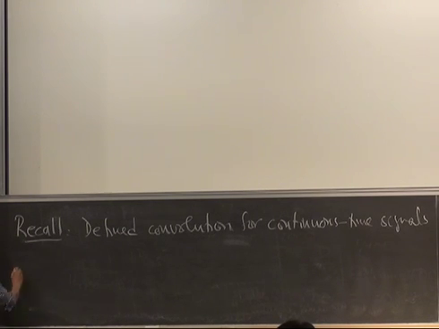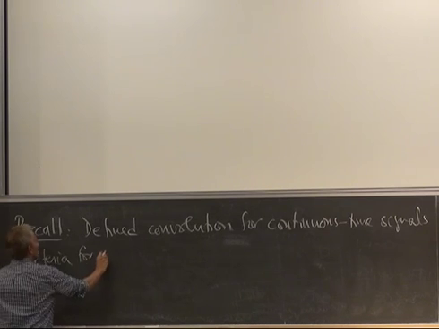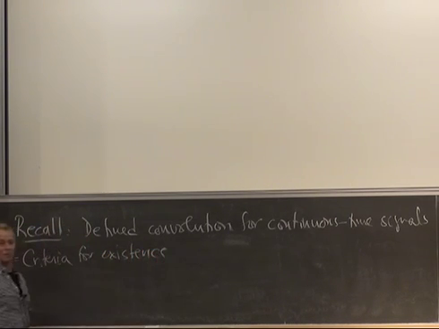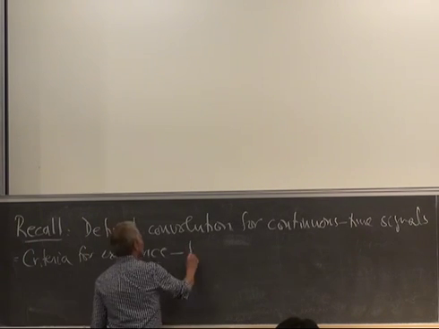And then we had all these criteria for existence. By the way, this is not an exhaustive list of criteria. None of these is necessary for the existence of the convolution of two signals. Two signals can be convolved even when they satisfy none of the criteria. We had a little chat about that on Piazza last night. And these are a lot like discrete time.